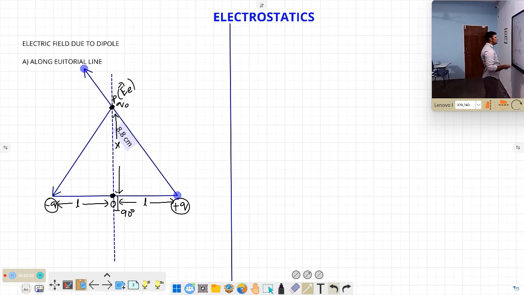So here two electric fields are identified. One is due to the negative charge of the dipole, E minus.